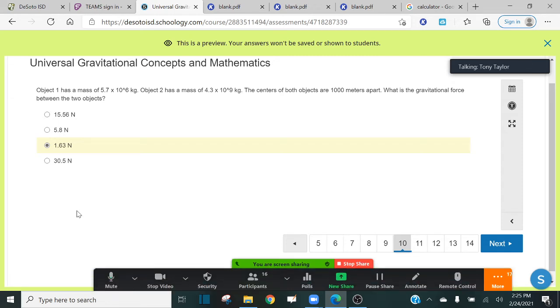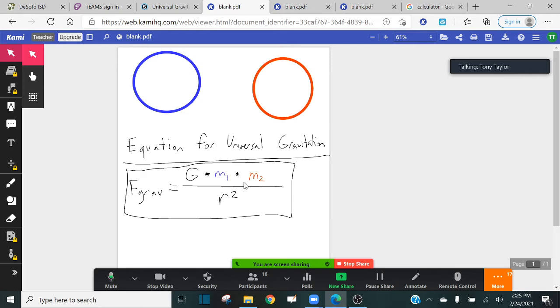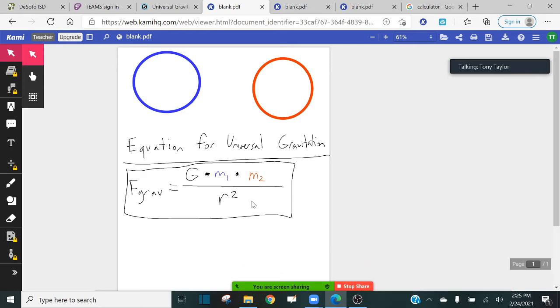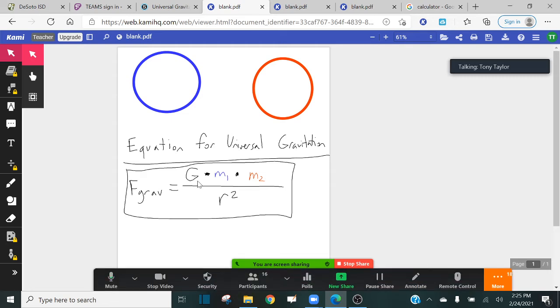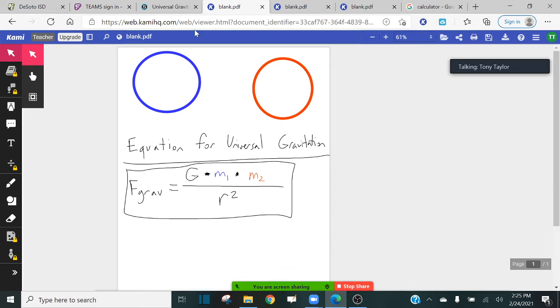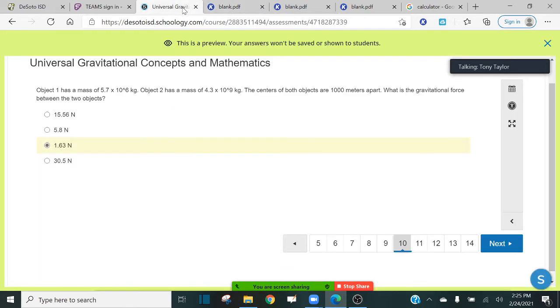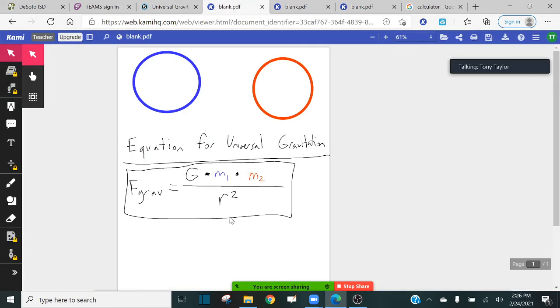Awesome. Very good. Yeah, so you're just using this equation right here whenever you're working out your mathematical problems. G is the gravitational constant, which is always 6.67 times 10 to the negative 11. Okay, Stephanie, in this equation, R always stands for the distance between the centers, always.